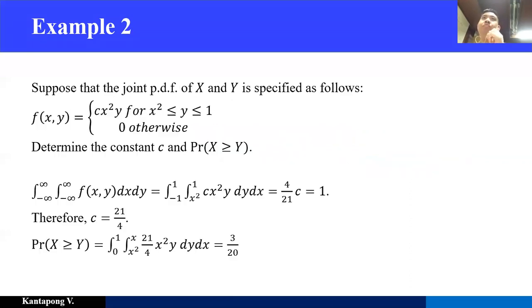So, continuing with the second example, suppose that the joint PDF of x and y is specified like this. We determine the constant C and the probability. This integral is from minus infinity to infinity, but take note that outside this range, it is not the support.